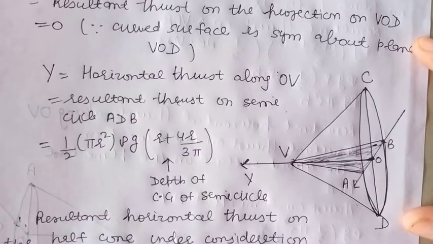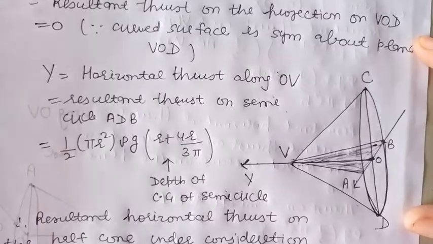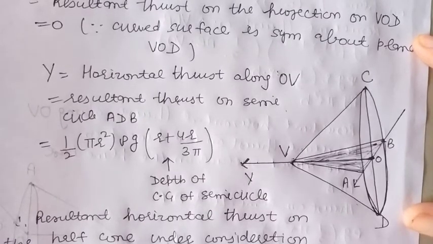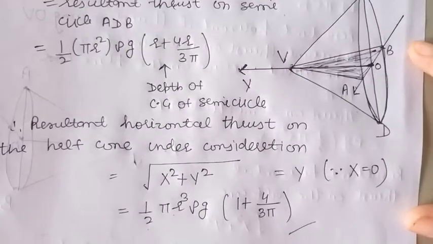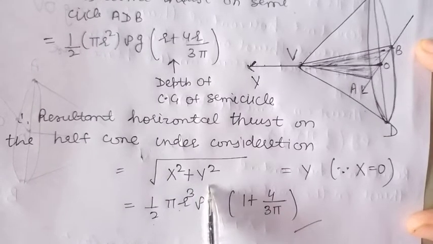Now we have obtained the resultant horizontal thrust along two mutually perpendicular directions OA and OB. Now we can find the resultant horizontal thrust on the half cone under consideration. It is given by square root of x square plus y square.